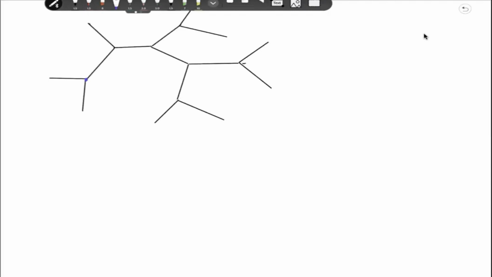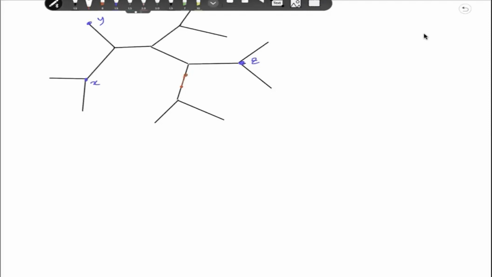I need to find some delta. So if I take 3 points x, let us take this point to be y and this to be my z. Now, what is the geodesic connecting all these 3 points? Note that these edges are of length 1. So if I take any 2 points on an edge, the distance between them is just the distance in the unit interval.